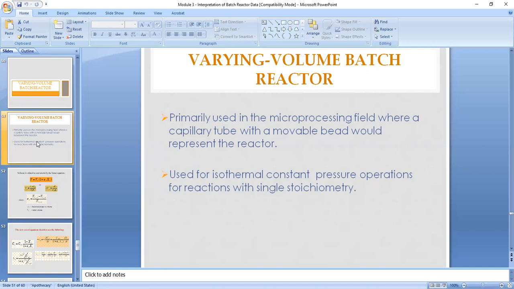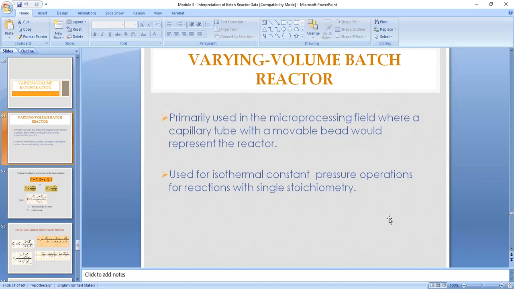And this time we will no longer be covering multiple reactions and reactions which have several steps to consider. We'll only be talking about interpretation of varying volume batch reactor data for a single stoichiometric equation, meaning we only have a single reaction to look into. So no multiple reactions in this case.